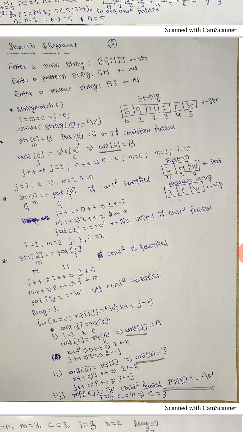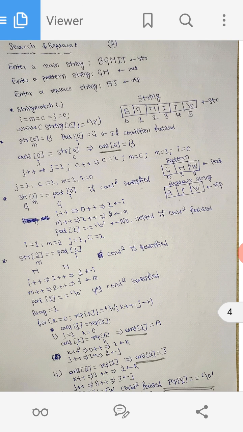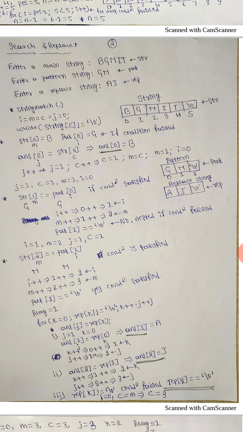If so, we need to reset our pattern index to the 0th position, because the entire pattern is not found in your main string. So when you are searching further, we should reset the value of the index to 0.